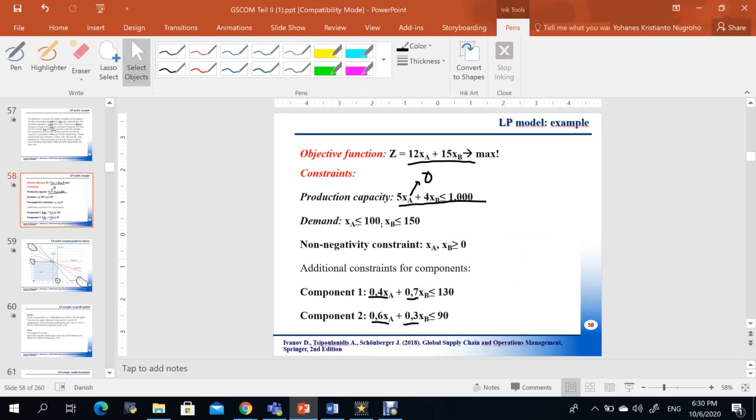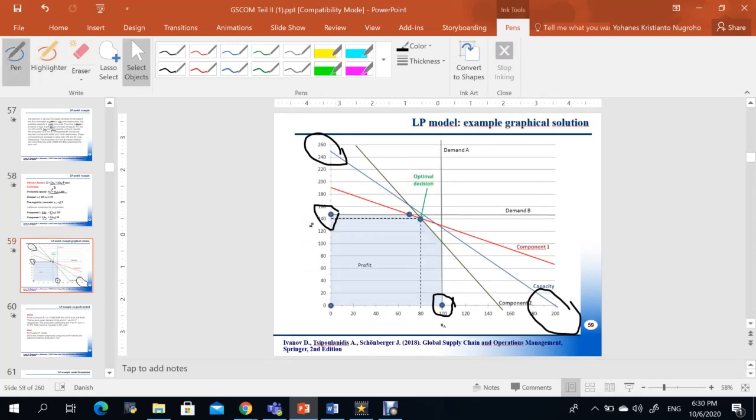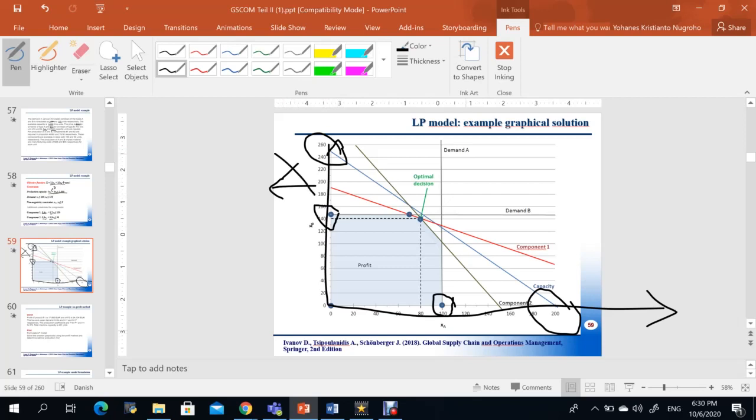Now, the non-negativity constraint. Both should be higher than or equal to 0. And therefore, only this region is feasible, but not here, here is no.